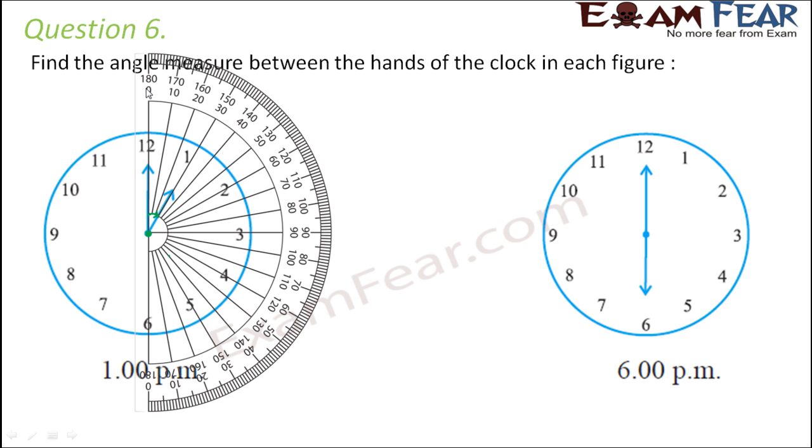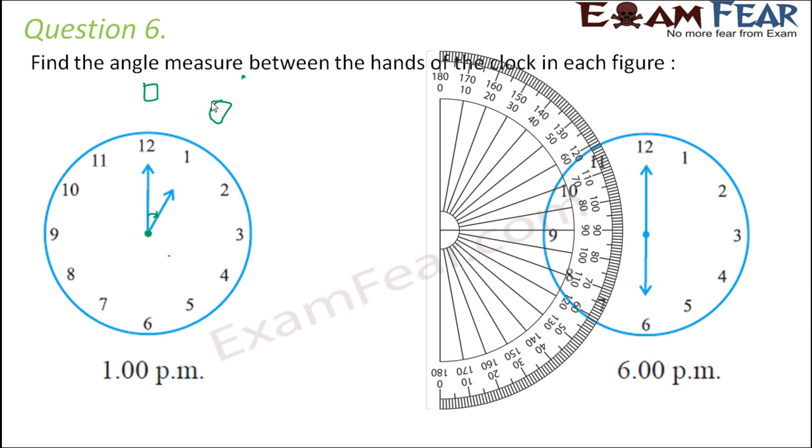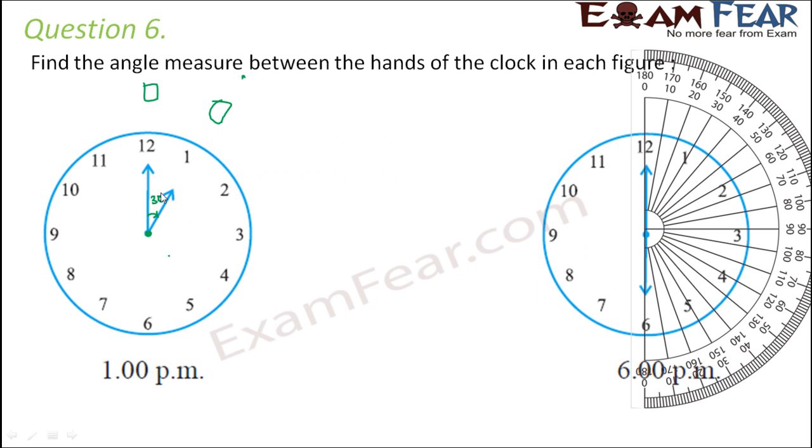So where is 0? This is 0 because 0 coincides with this straight edge of the protractor. Okay, now let's see where is the other arm. So the other arm corresponds to 30 degrees. So that means the measure of this angle is 30 degrees.